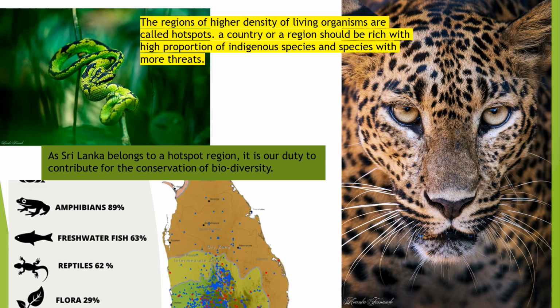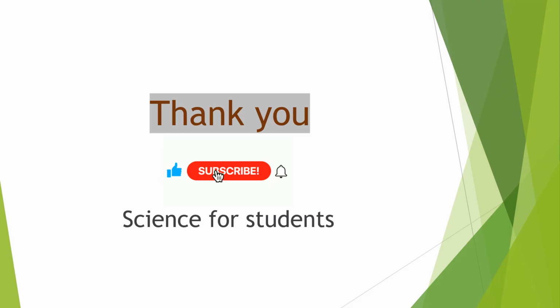The second is a threat to that particular environment and the organisms living in that ecosystem. As Sri Lanka belongs to a hotspot region, it is our duty to contribute to the conservation of biodiversity. Thank you.